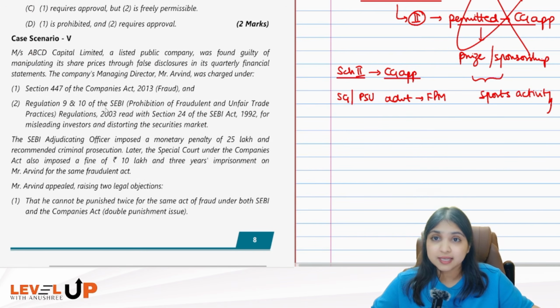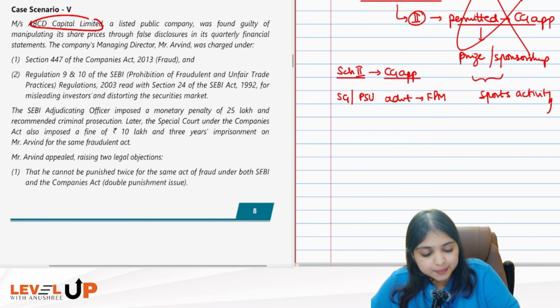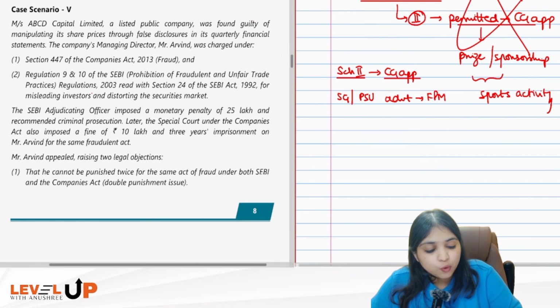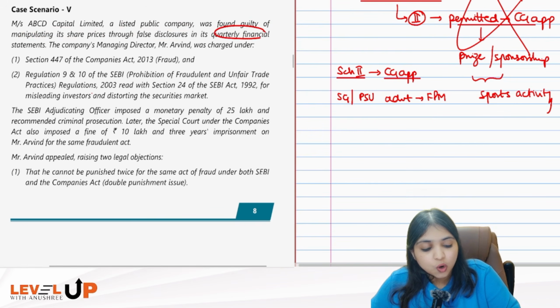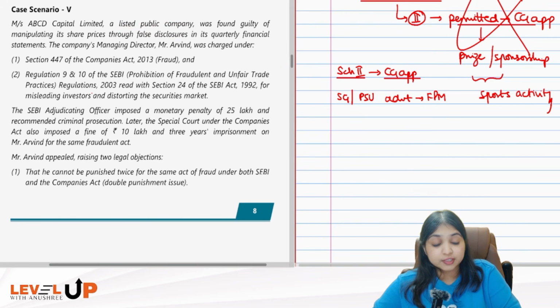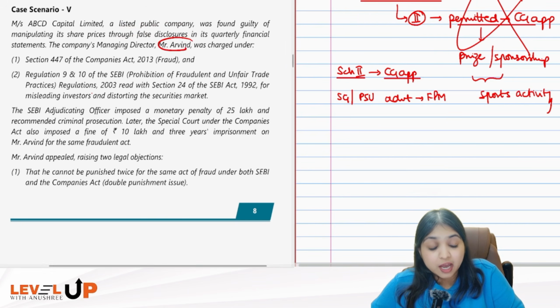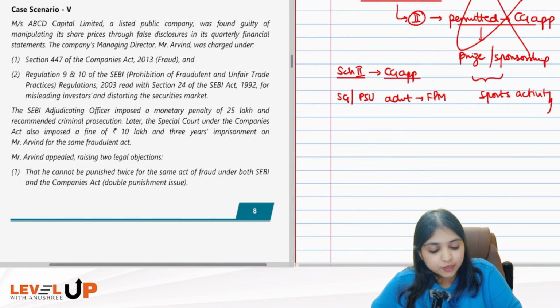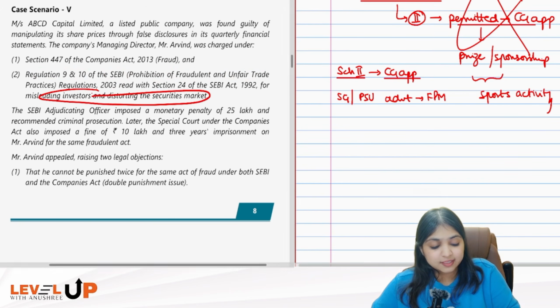Here the question says ABCD Capital Limited, a listed public company, was found guilty of manipulating share prices through false disclosures in quarterly financial statements. The company's managing director, Mr. Arvind, was charged under Section 447 of the Companies Act for fraud, and Regulations 9 and 10 of the SEBI Prohibition of Fraudulent and Unfair Trade Practices Regulations, read with Section 24 of the SEBI Act, for misleading investors and distorting the securities market.